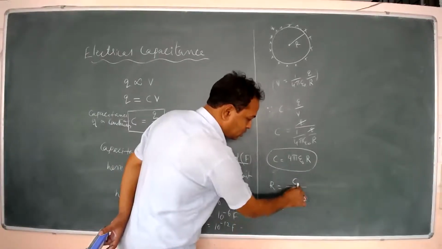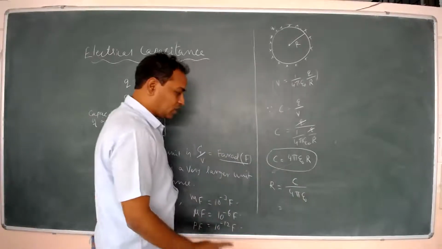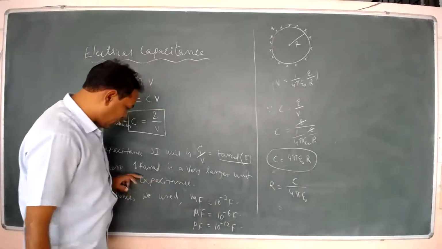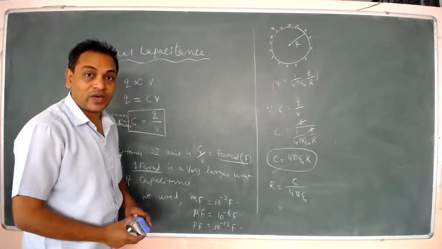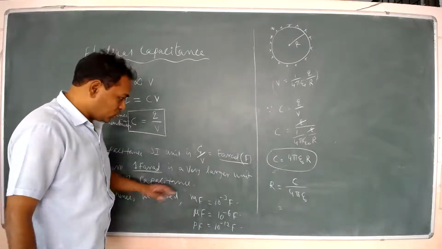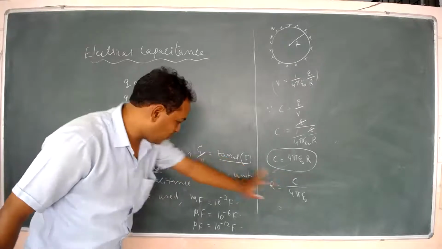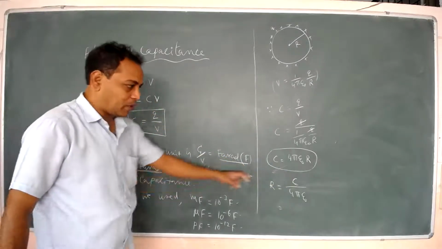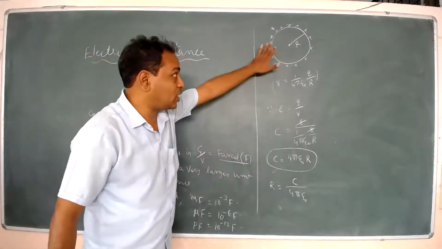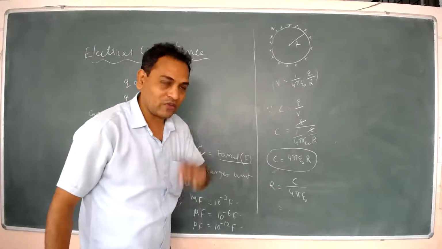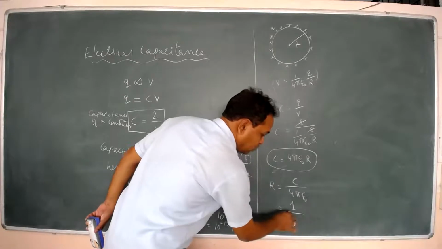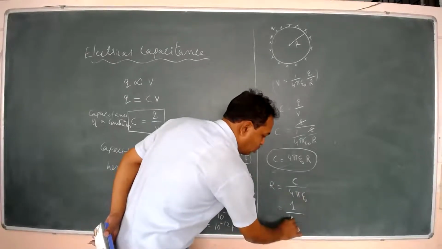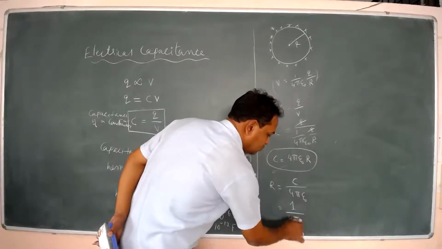Here C is nothing but capacitance. Suppose the capacitance of this capacitor is 1 farad. Therefore, R is 1 divided by 4 pi epsilon naught.